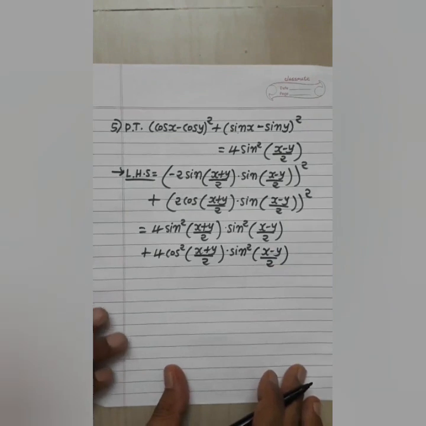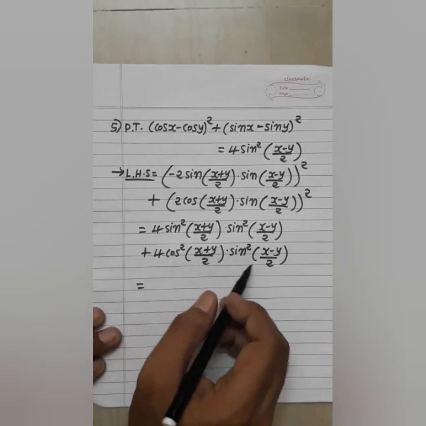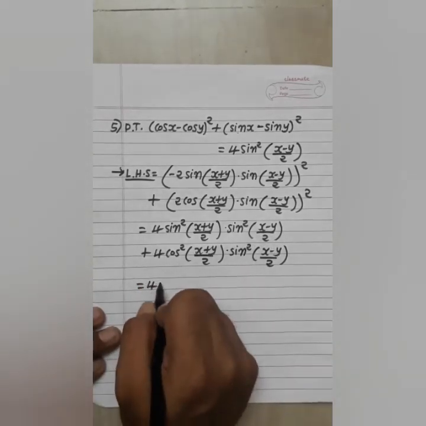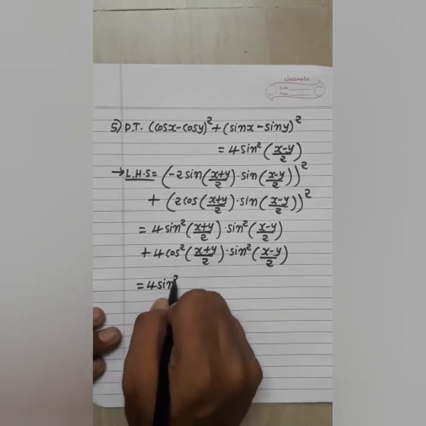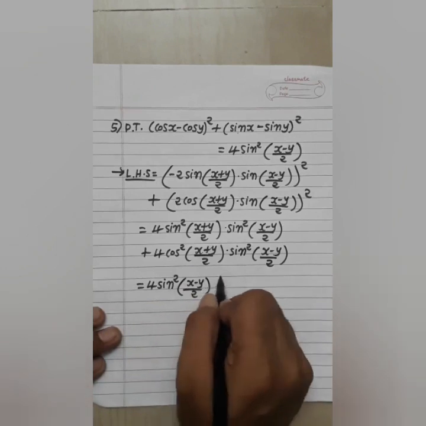Which term is common here? The common term is 4 sin square (x minus y) divided by 2. So write here 4 sin square (x minus y) divided by 2.